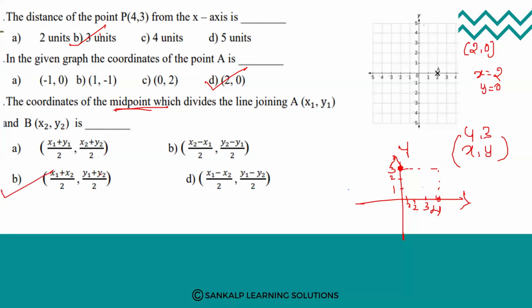So option B is right. Remember, when you get the midpoint of the line joining A (x1, y1) and B (x2, y2), it is (x1 plus x2) divided by 2 and (y1 plus y2) divided by 2.